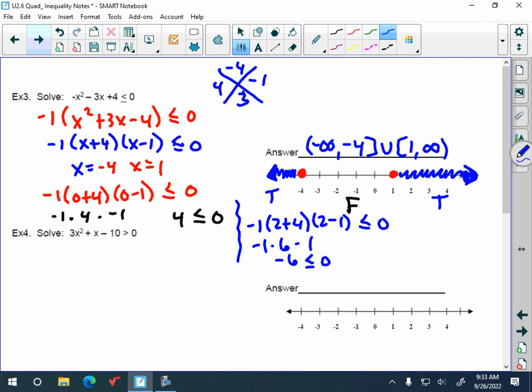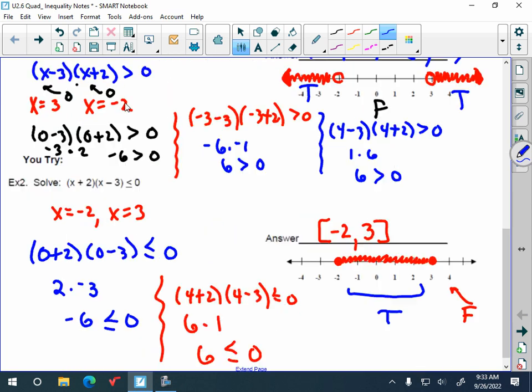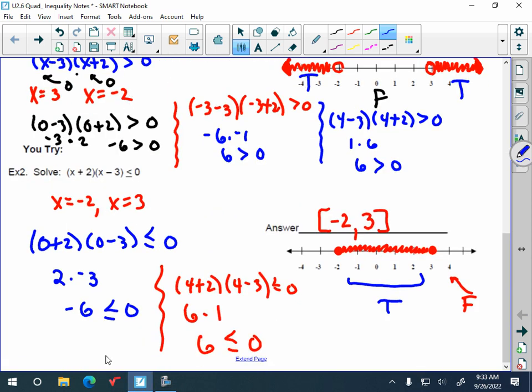Yes? So I'm doing, for example 2, I tried using negative 3 to see if it was true or false, because it must be false. And I ended up getting it was less than or equal to 6. Okay, so example 2, which number did you try? I did negative 3.